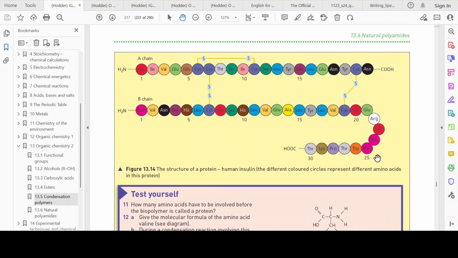Okay, fine. So over here, they're showing what a protein looks like. You can see that there are two chains over here, so two polymer chains, and each chain is called a polypeptide chain.